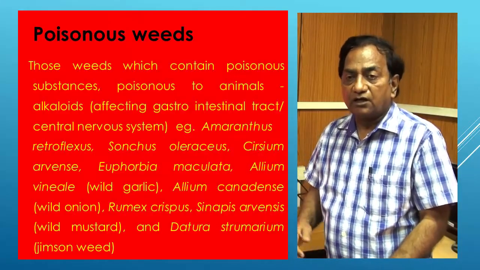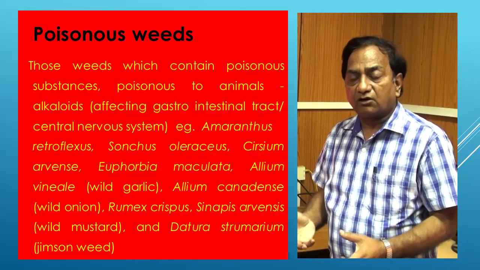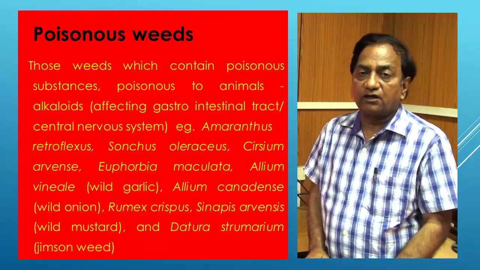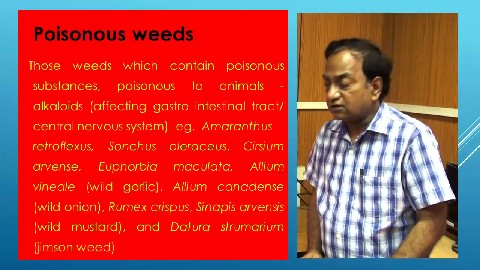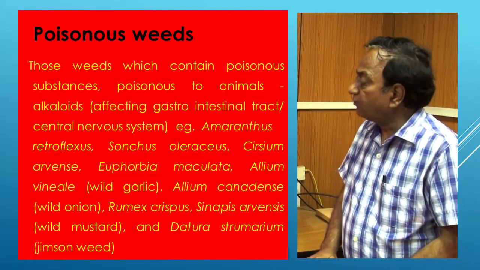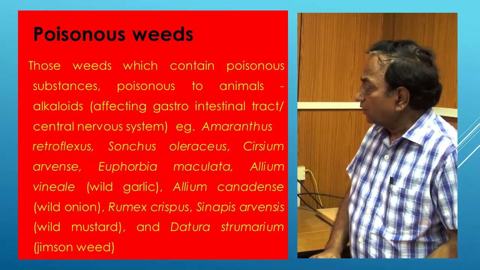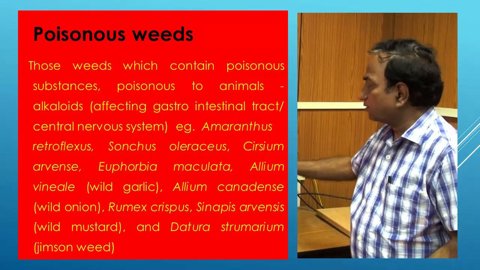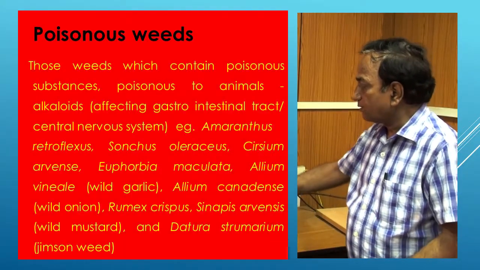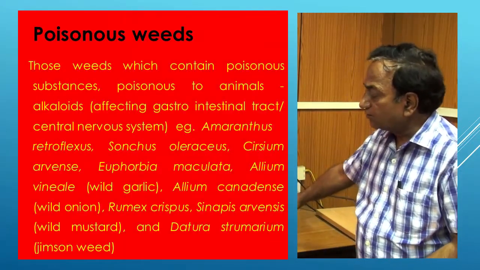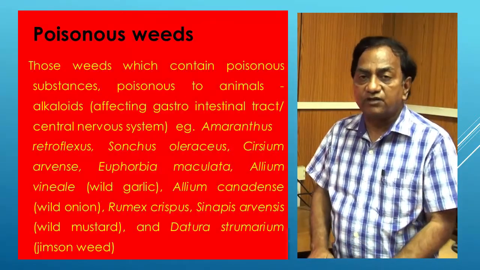For example, if Sorghum halepense is fed to the animal, a lot of hydrocyanide accumulates in it, and that interacts with the digestive system of the cattle, and they die. Similarly, for example, Amaranthus retroflexus, Sonchus, Cirsium arvense, Euphorbia. So these are certain weeds which affect the cattle if they accidentally graze them.